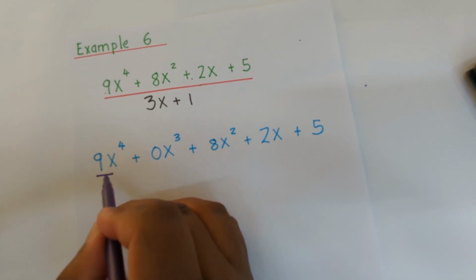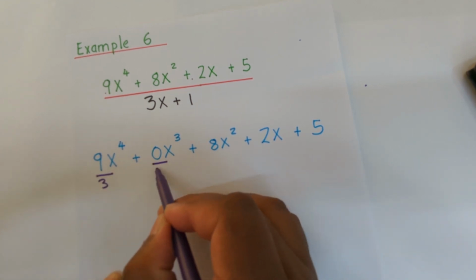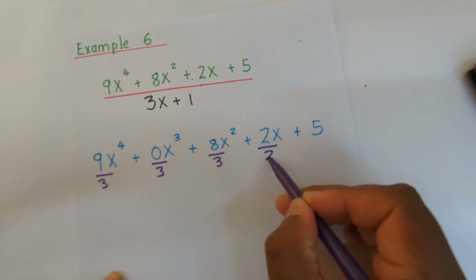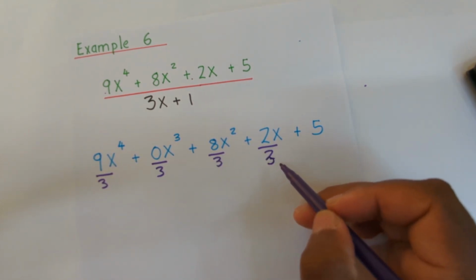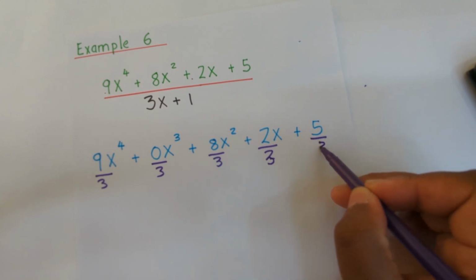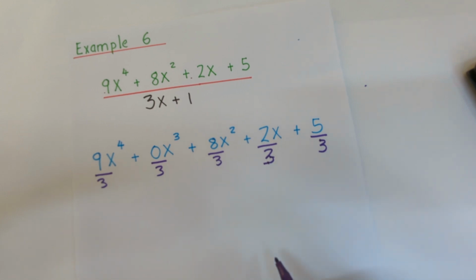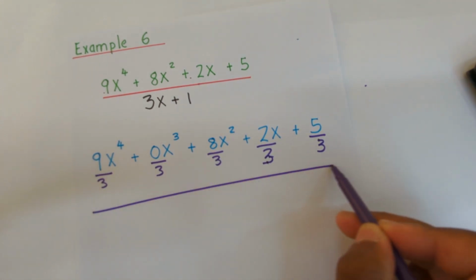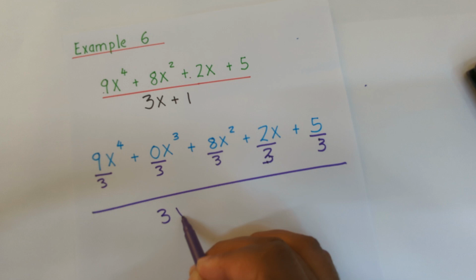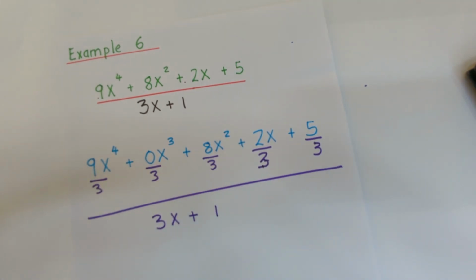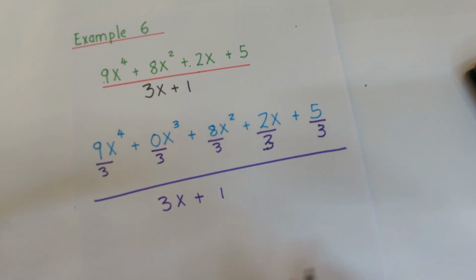We divide 9 by 3, divide 0 by 3, we divide 8 by 3, we divide 2 by 3, and we divide 5 by 3. And we do the same to our divisor, which was 3x plus 1. We divide every term by 3.